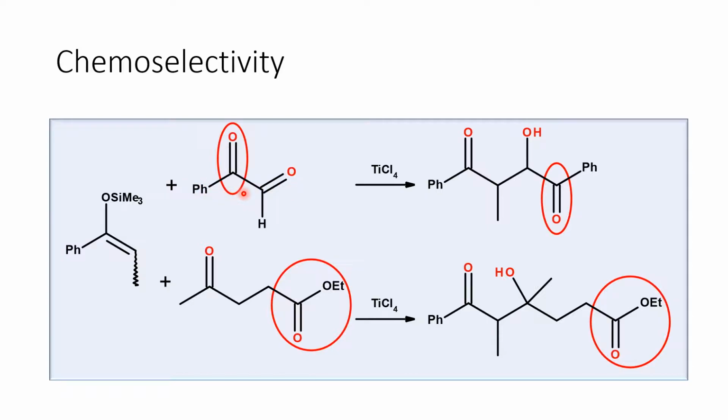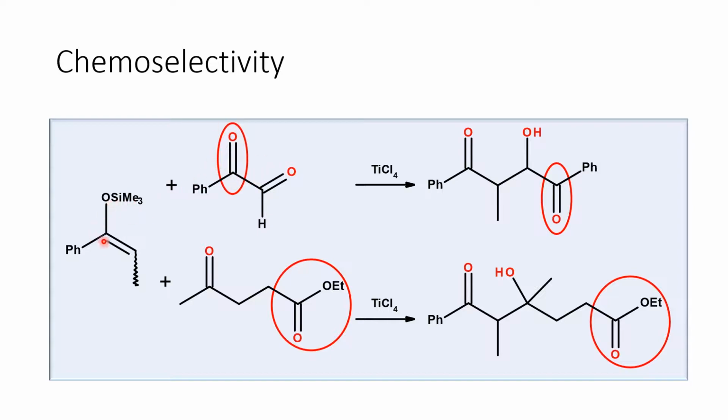Under the same reaction conditions, chemoselectivity is observed with acceptors having 2 or more different kinds of carbonyl electrophilic sites in the same molecule. Let us take the example here and find out the difference. In general, with TiCl4 as a Lewis acid, aldehydes are more reactive than ketones. In this molecule we have an aldehyde unit and a ketone unit.